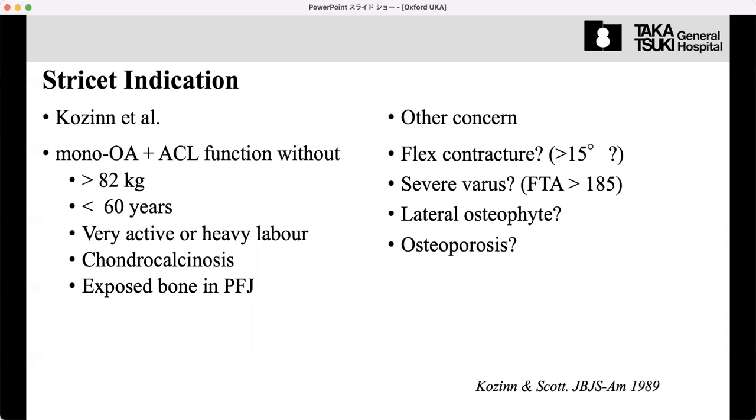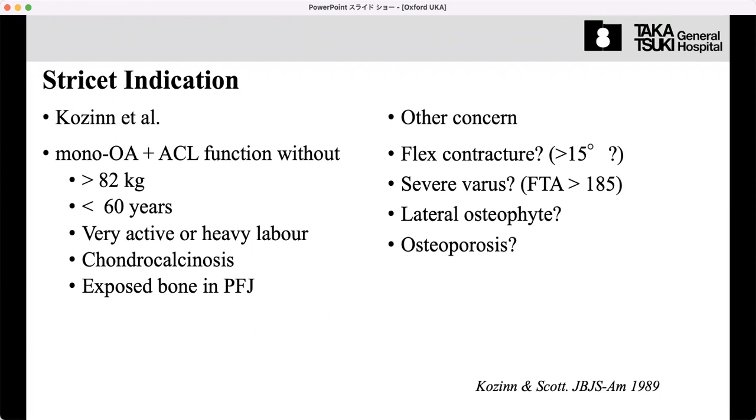In addition, more than 6 degrees of flexion contracture, severe varus more than 15 degrees, lateral osteophytes and osteoporosis are considered contraindications.